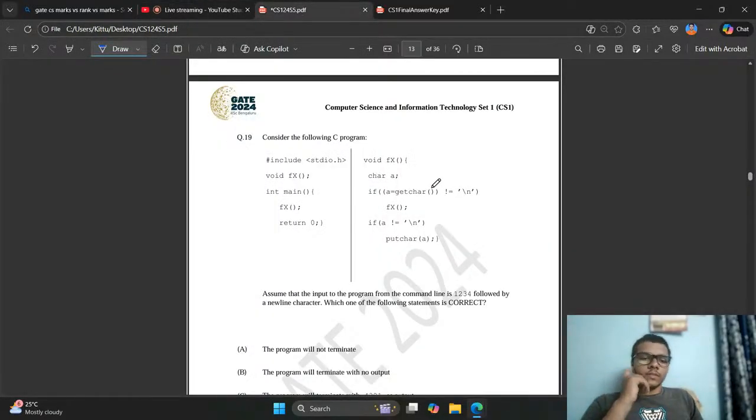Void f of x, point main f of x. Char a, if getchar is not equal to n, f of x. So 1, 2, 3, 4 backslash n.